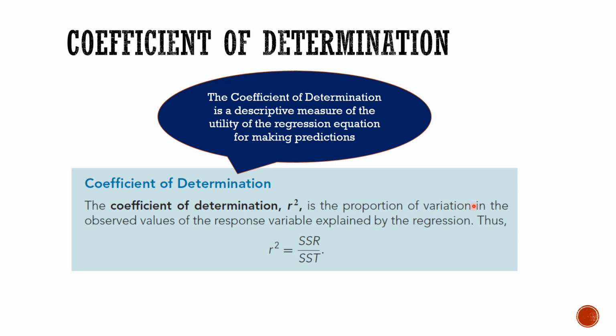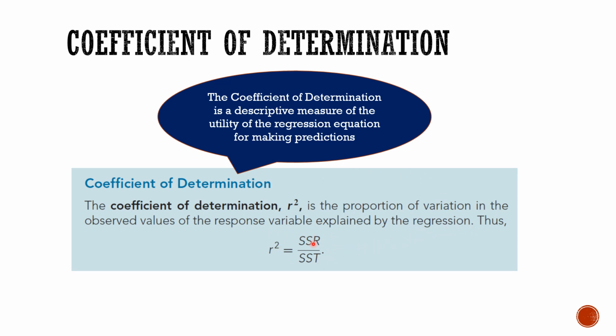It's the proportion of variation in the observed values of the response variable. Again, response variable means the y variable. So the proportion of variation in the observed values of the y variables explained by the regression.